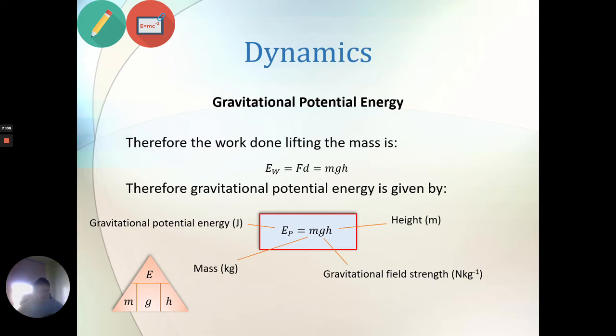And if you're told it's somewhere else, another planet, and you don't know the gravitational field strength for it, or for Earth, you can go and have a look in the data book. The data book will tell you the gravitational field strength for any relevant planetary objects.